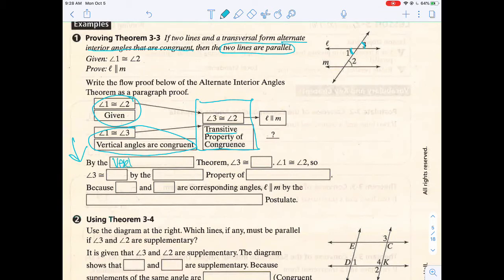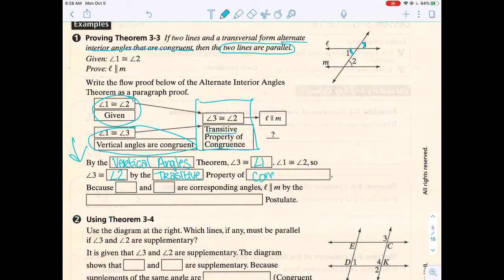By the vertical angles theorem, angle 3 and angle 1 are congruent. 1 and 2 are congruent, so angle 2 is congruent to angle 3. Angle 3 is congruent to angle 2 by the transitive property. So we're just taking what the flow proof up here said and writing it into statements.